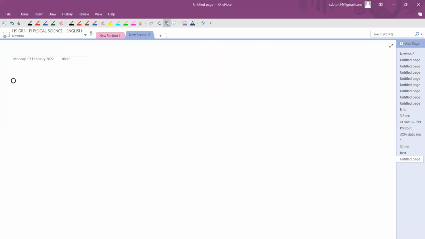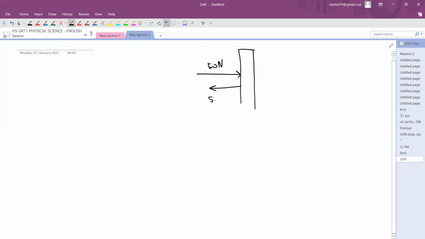In other words, if there's a wall there, and someone's pushing in that direction with 50 newtons, then there's an opposite force in the different direction of 50 newtons also. That force is opposed, pushed back with the same force, just in a different direction. So you are going to be probably busy with that next week when we start.